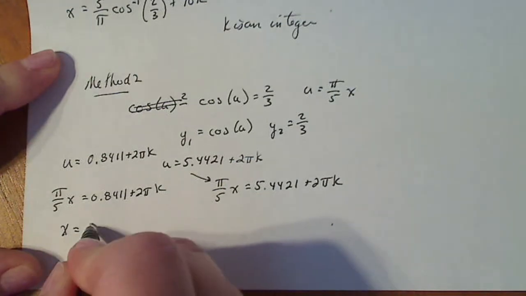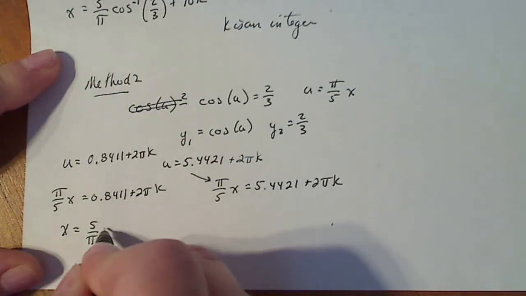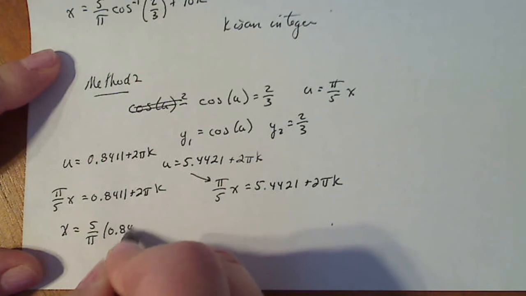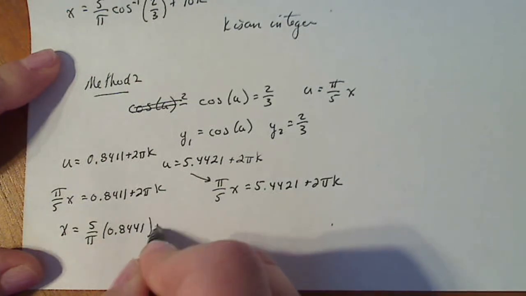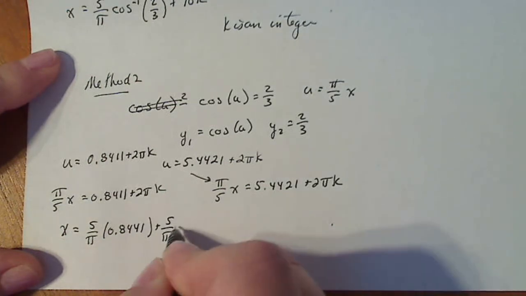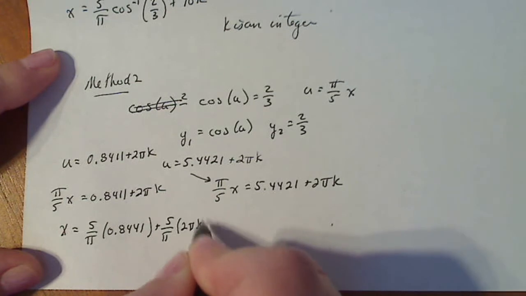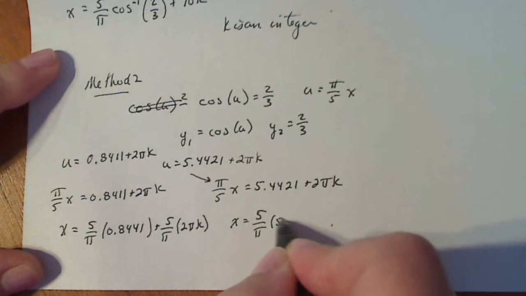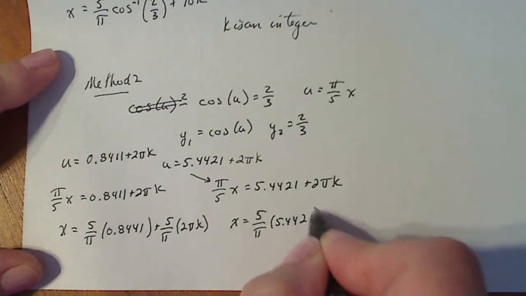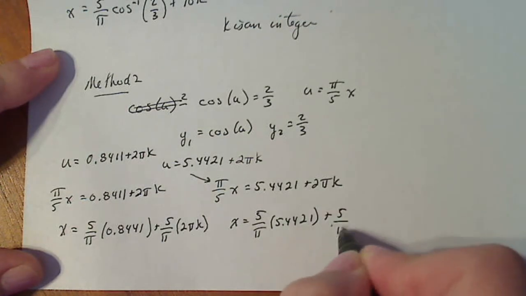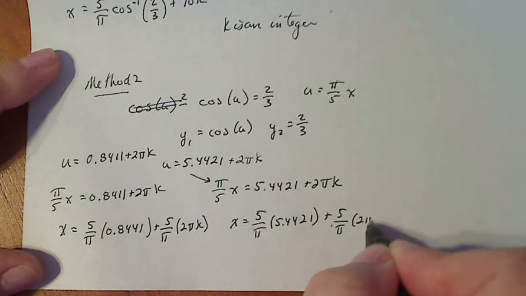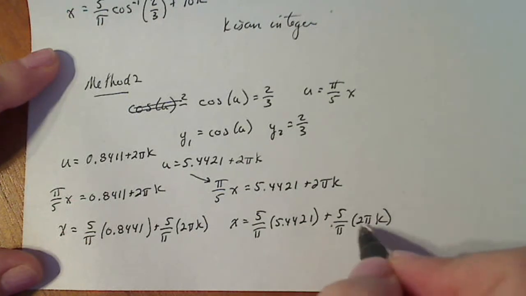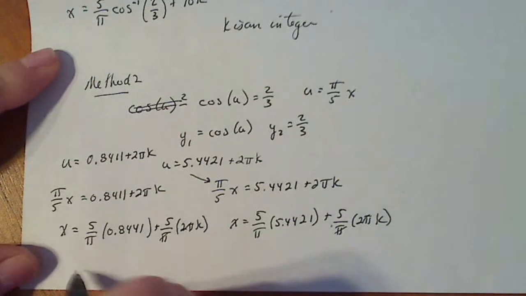So that's going to be 5 over pi times 0.8411 plus 5 over pi times 2 pi k. And x equals 5 over pi times 5.4421 plus 5 over pi times 2 pi k. Notice these pi's cancel in both cases.